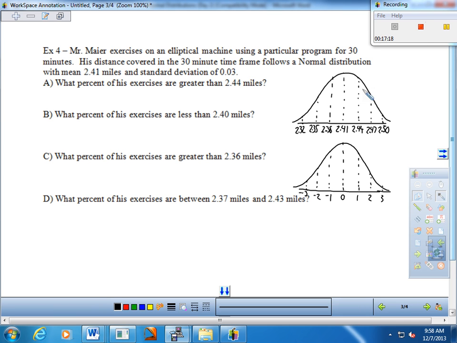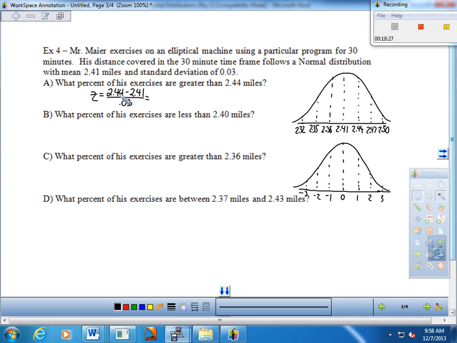So first and foremost, what we want to do is standardize the 2.44. And what that means is coming up with a z-value for it. So we take our observation. Now we use that formula from the front side. We subtract the mean and divide by the standard deviation. And again, it shouldn't be a great shock here.